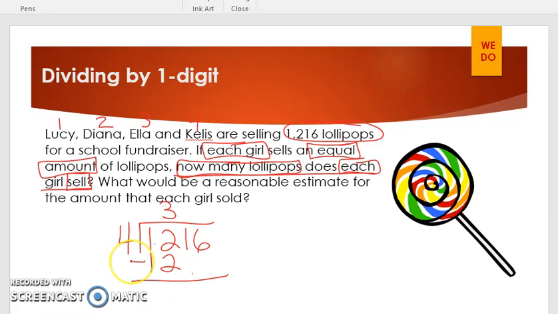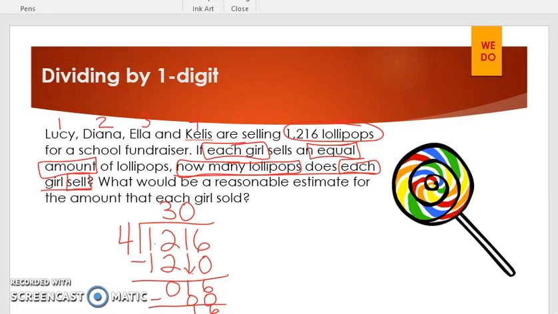And we're going to subtract, and we're going to get 0, and we're going to bring down our 1. 4 goes into 1 0 times. 4 times 0 equals 0, and 1 minus 0 equals 1. Then we bring down the 6, and 6 minus 0 is 6.